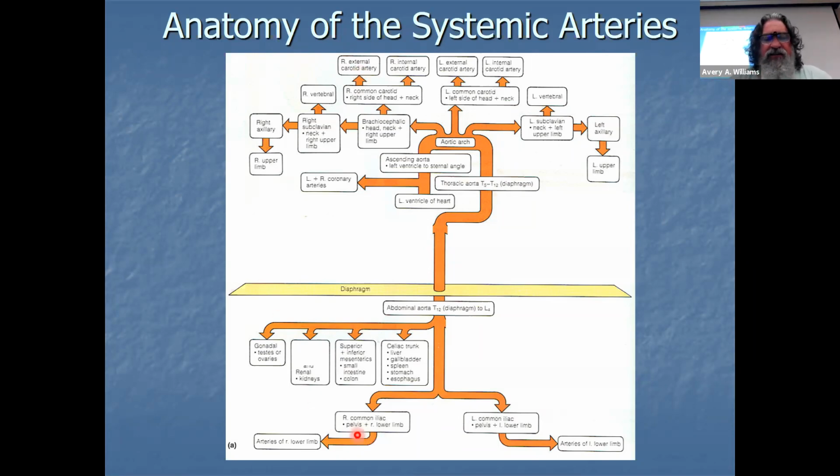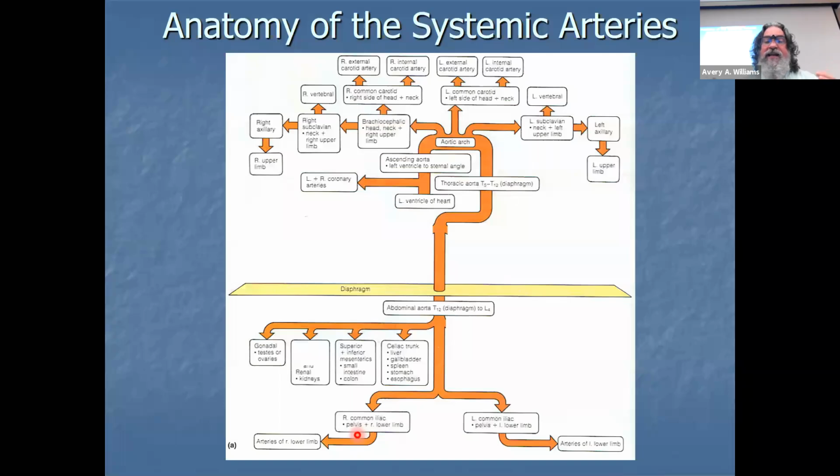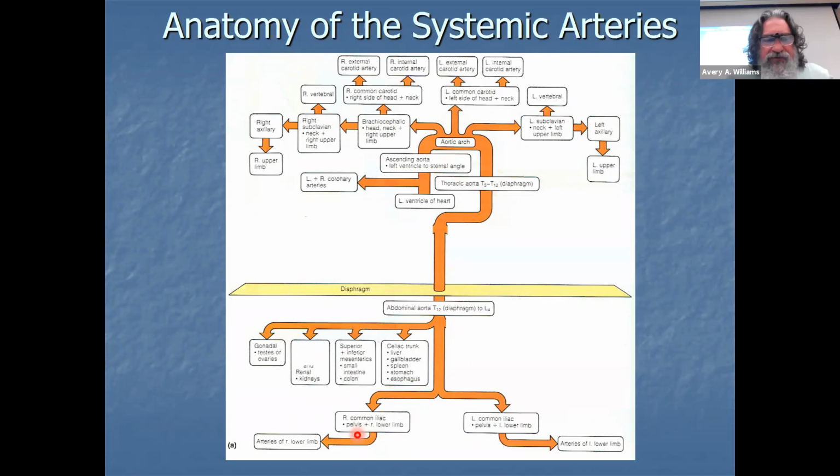So down here, the external iliac. The word iliac, by the way, what does that mean? It means of an ilium, I-L-I-U-M, which is your hip bones. Remember the os coxa: ilium, ischium, pubis. Iliac means of the ilium, of the hip, the pelvis, the pelvic cavity.